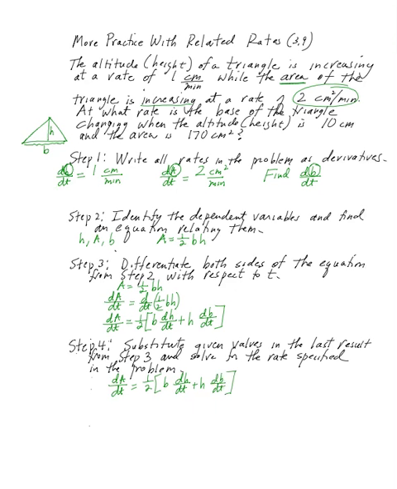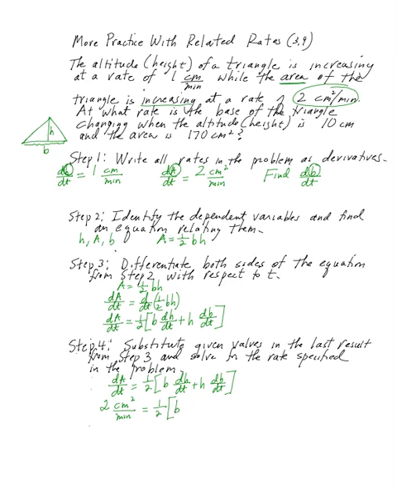So we're given dA/dt is 2 centimeters squared per minute. The base, we don't know the base, so we'll leave it as b for just a second.